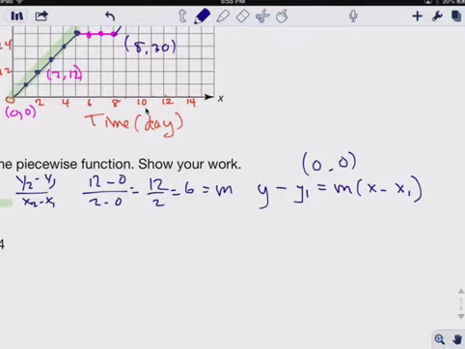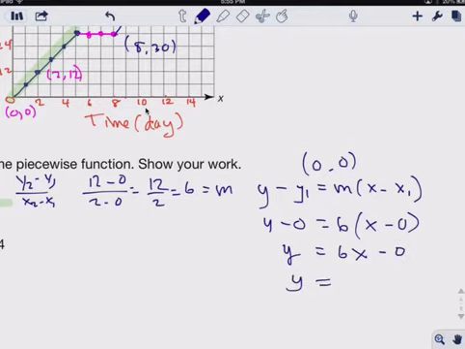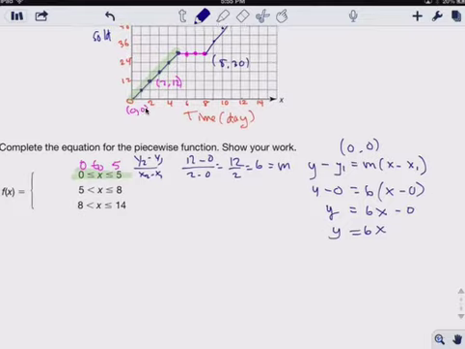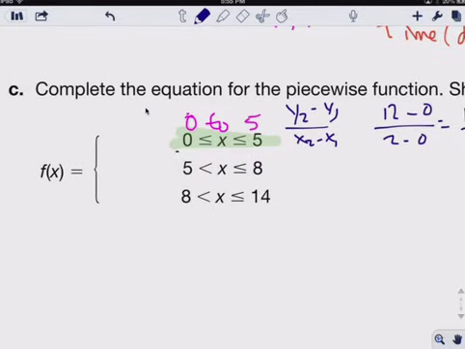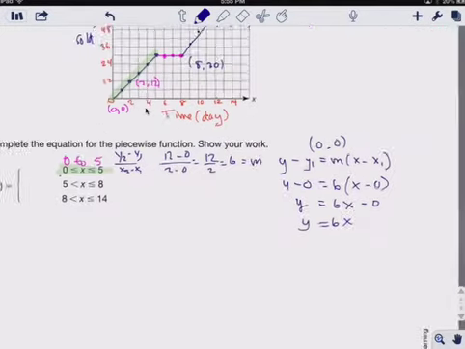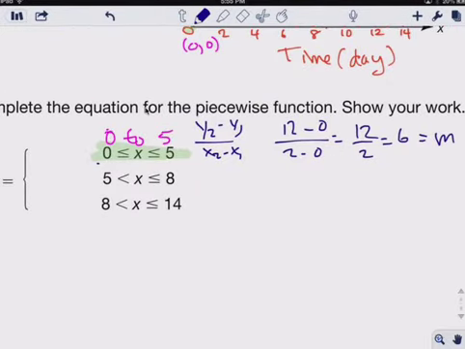That's an easy point. y minus 0 equals m, m is 6, times x minus 0. So that's y equals 6x minus 0, or just y equals 6x. So the equation for this one is just y equals 6x.